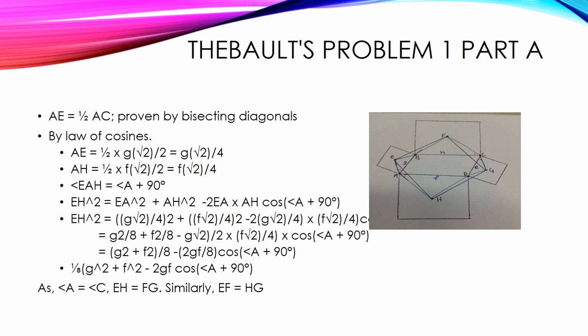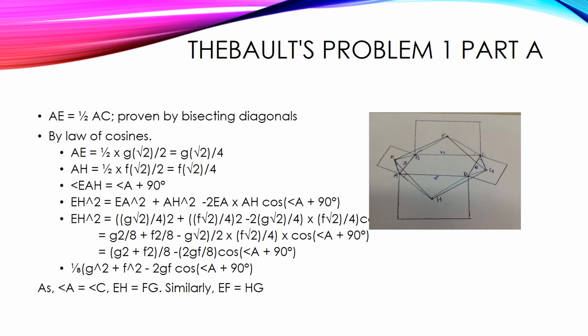As angle A and C are equal to each other, we could follow the same type of manner for finding angle C over here for this triangle. And so, since by property of a parallelogram opposite angles are congruent, this angle right here, angle A, and angle C, the ones that we were solving for, are congruent.